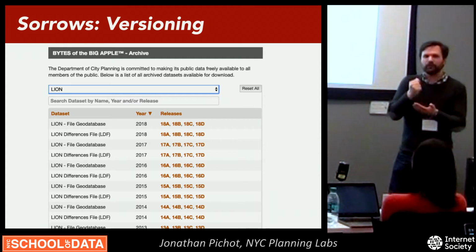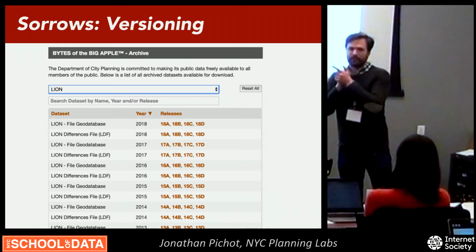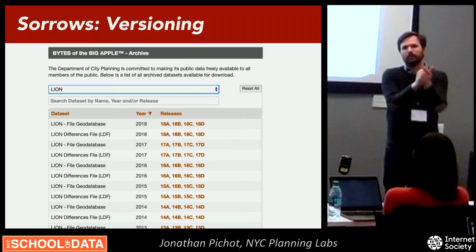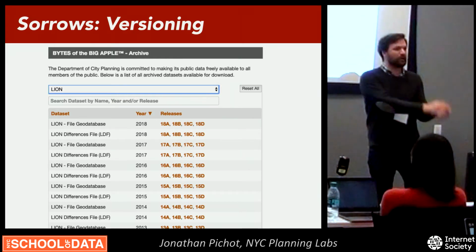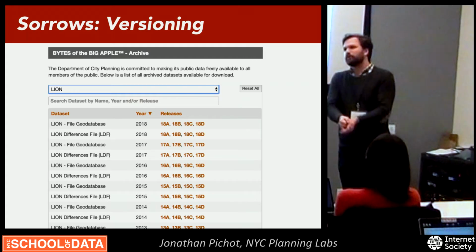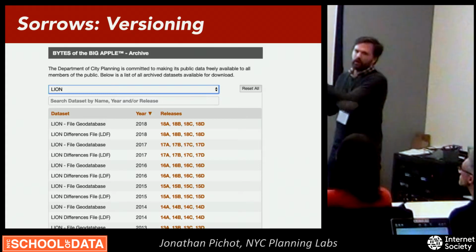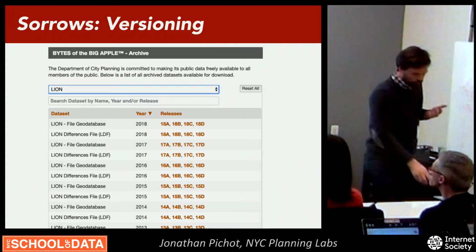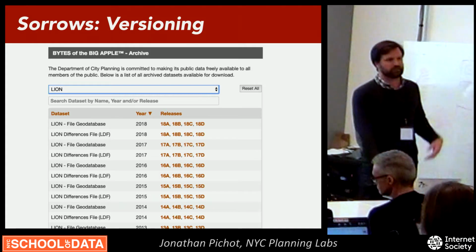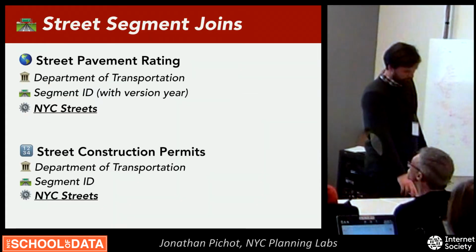So this becomes very important when you're looking at data that has segment IDs to know when that segment ID was tracked. If you're looking at traffic counts from 2016 with segment IDs, you're going to look for 2016 segment ID data. It's probably a whole other conversation on the difference file and all that.